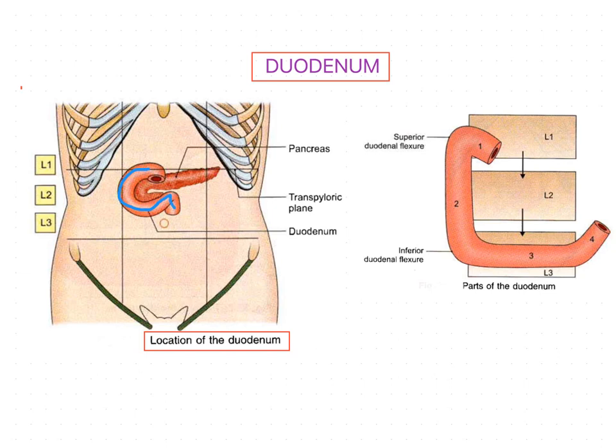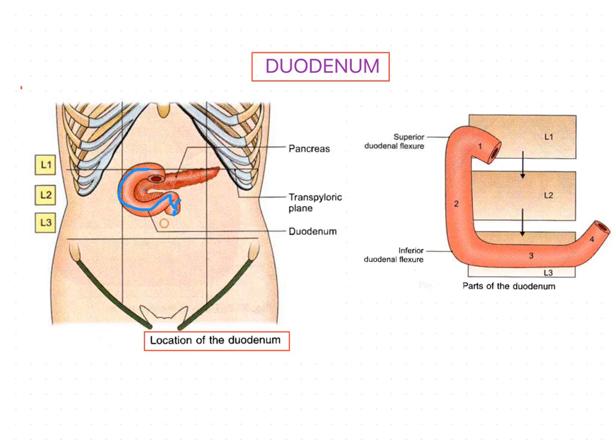It extends from the pylorus to the duodenojejunal flexure, which you can find here, and it is curved around the head of the pancreas.